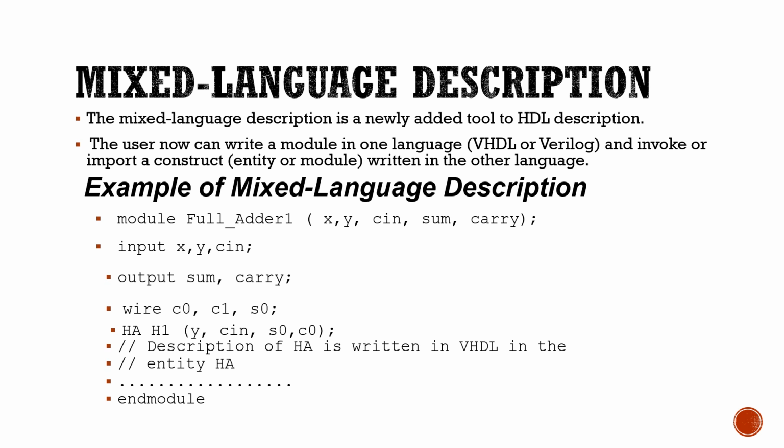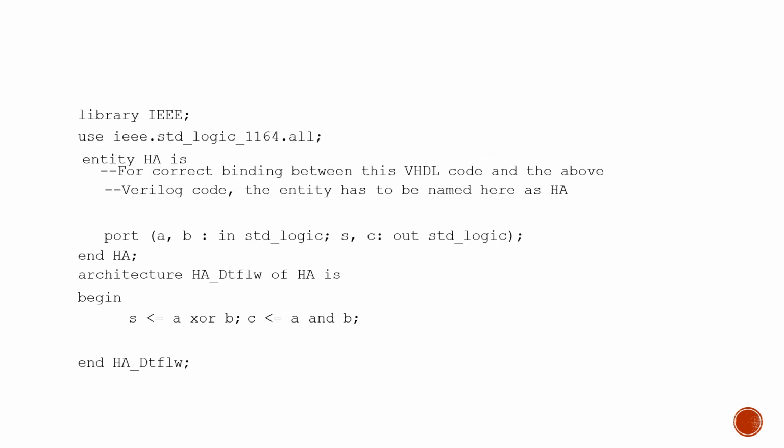So this particular statement will be instantiating the VHDL half adder inside the Verilog module. You can see the half adder program in this particular style. So this VHDL module can be called from Verilog in mixed language projects.